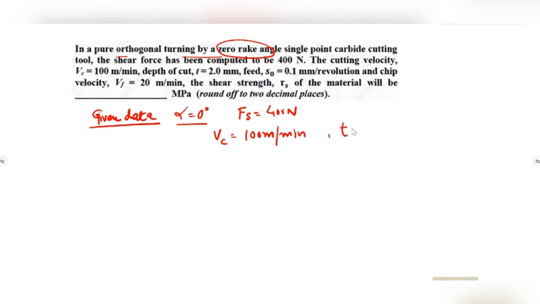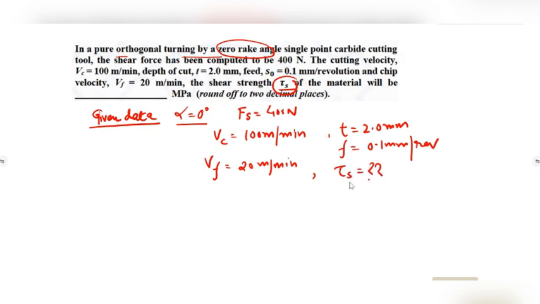We have depth of cut value 2.0, feed value 0.1 per revolution. Chip velocity we have as 20 meter per minute. Then we have to determine the shear strength. So we have to find the yield shear strength of the material which is being machined in megapascal.